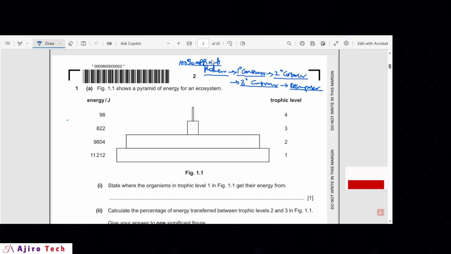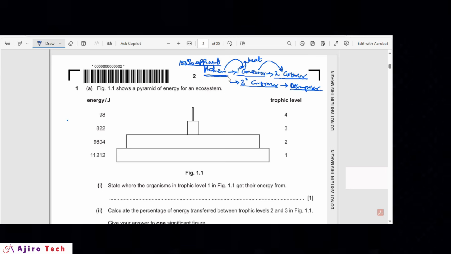Which means that as energy is being transferred from one trophic level to another, energy is lost in the form of heat, usually during metabolic reactions like respiration.